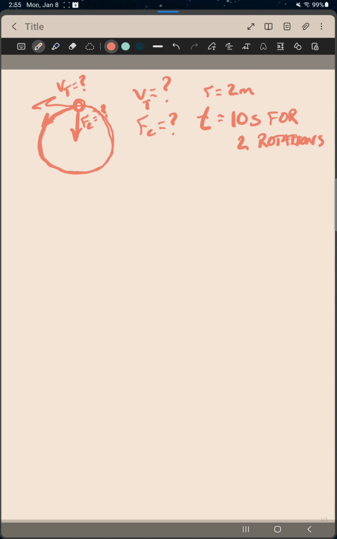So when we want to calculate the tangential velocity, we're going to do 2 pi r over t. So there's your equation. We want to know the tangential velocity, so that's the relationship: 2 times pi, the radius they gave us was 2, and then the period.